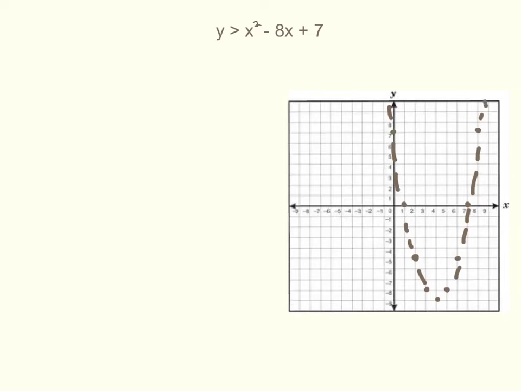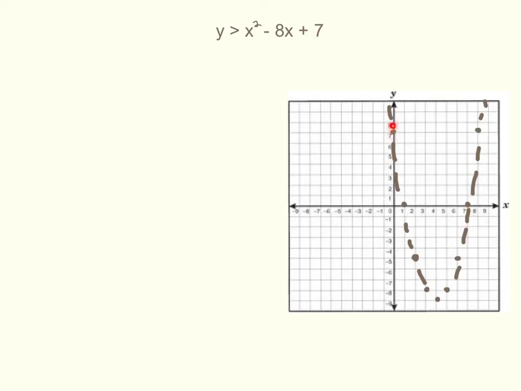Now all we have to do is determine, do we shade inside the parabola, or do we shade on the outside of the parabola? Now first I'm going to do the y-intercept test. And that is, I put my pen on the y-intercept, which is 0. And I'm going to say the shaded region is greater than.